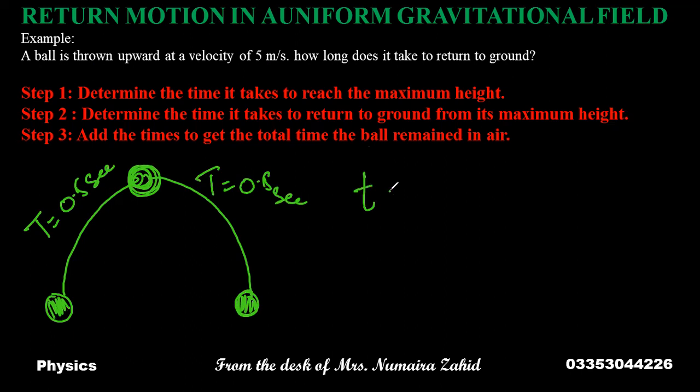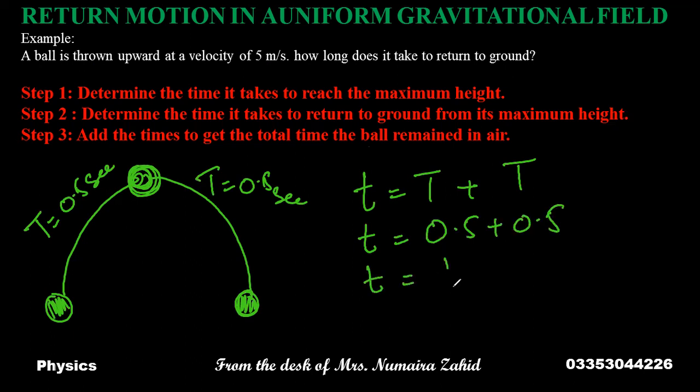So the total time can be determined by adding the two values we have calculated, and we get 1 second. We are getting the required result.